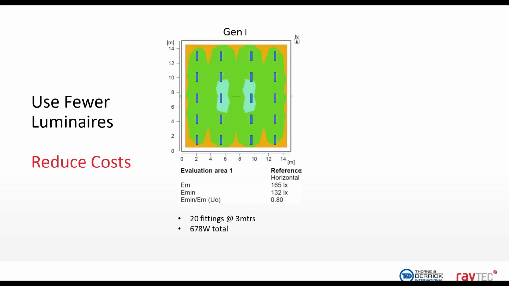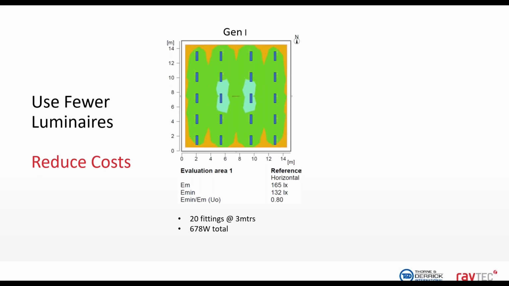So we're just going to move on and look at the benefit of these new optics and how it has real world results. So as I said, as well as that increase in power, Linear Gen 2 now, through the choice of new optics, allows you to use fewer luminaires across the site and ultimately saves costs. So here we've got a fairly standard application on a 14 by 14 meter square room.